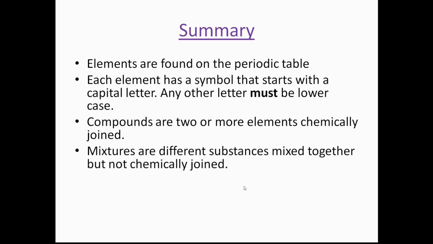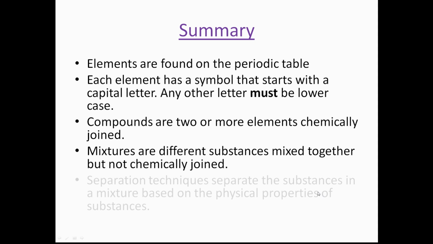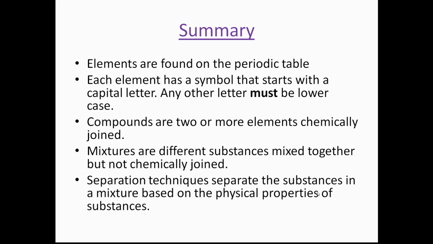Mixtures are different substances mixed together but not chemically joined, and we can separate mixtures using separation techniques which separate the substances in the mixture based on the physical properties of those individual substances.